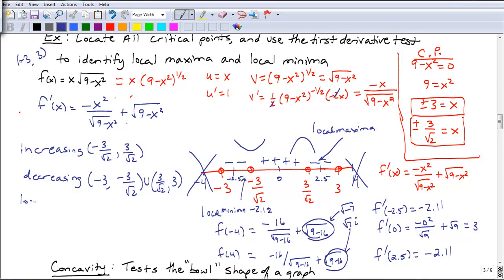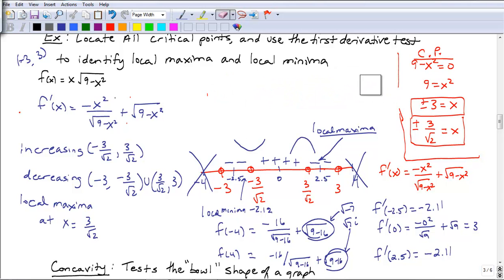I know that there's a local maxima. To find the maximum value, I have to plug it into the function, but it happens at x equals positive 3 over root 2. That's where the local maxima is. To find it, I have to put positive 3 over root 2 into the original function to figure out what it was. So F of 3 over root 2 equals 3 over root 2 times the square root of 9 minus 3 over root 2 squared, because that's where the local maxima occurs.